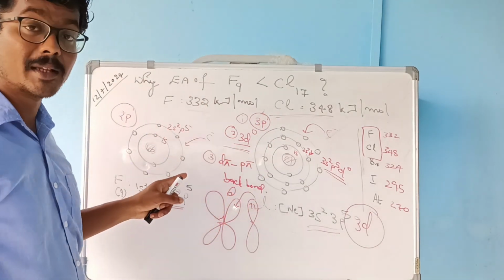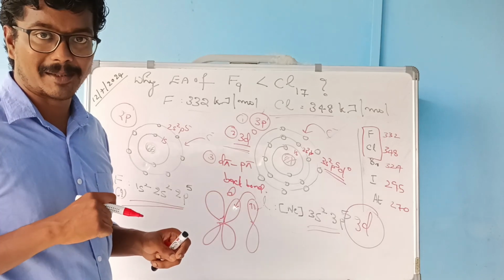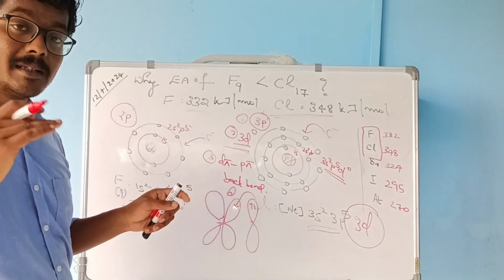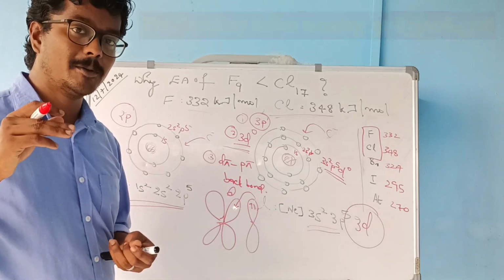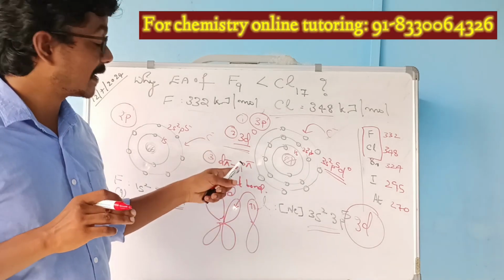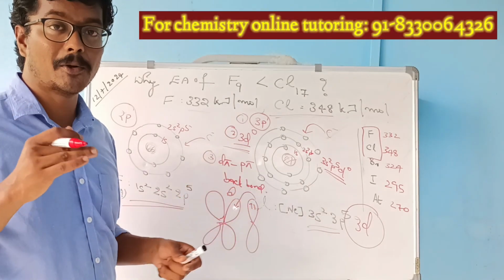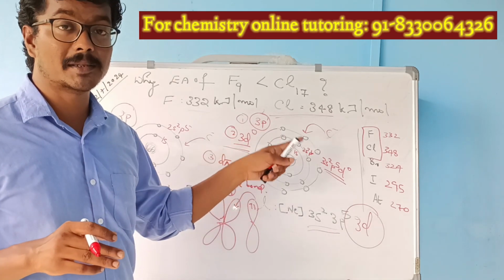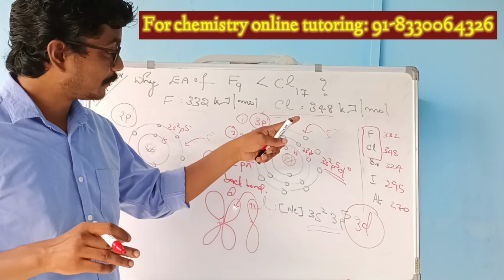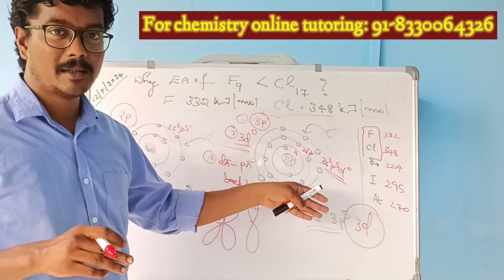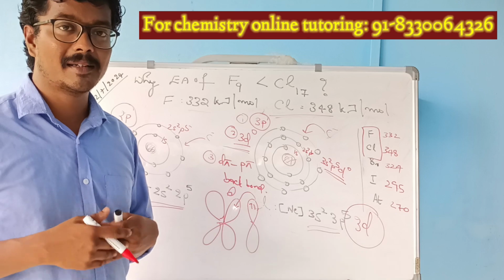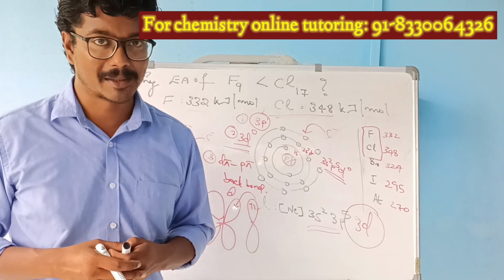So, in the case of fluorine, there is no d orbital. Fluorine belongs to the second period. The second period elements do not have d orbitals, but in the case of the third period, a d orbital is available, that is vacant in nature. So, due to the presence of this d orbital, enough space is available. So, the incoming electron can occupy it and overcome the electron-electron repulsion.